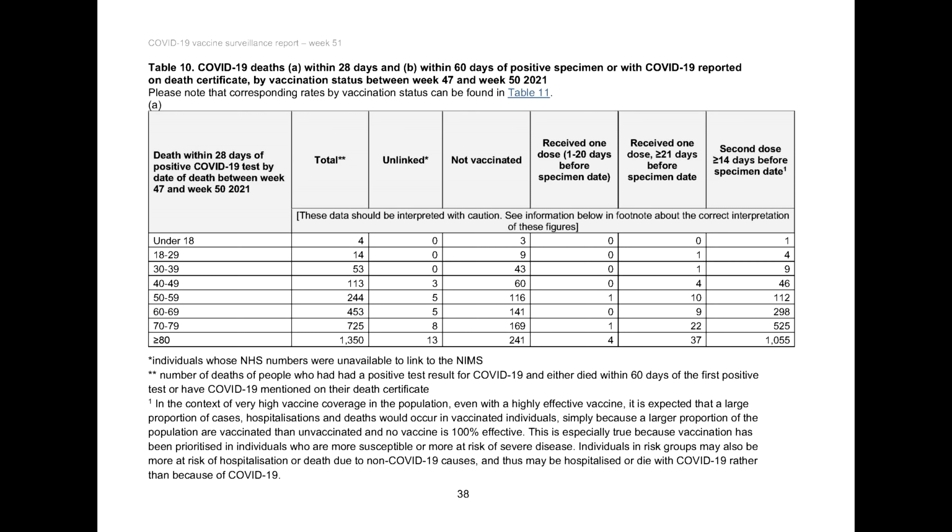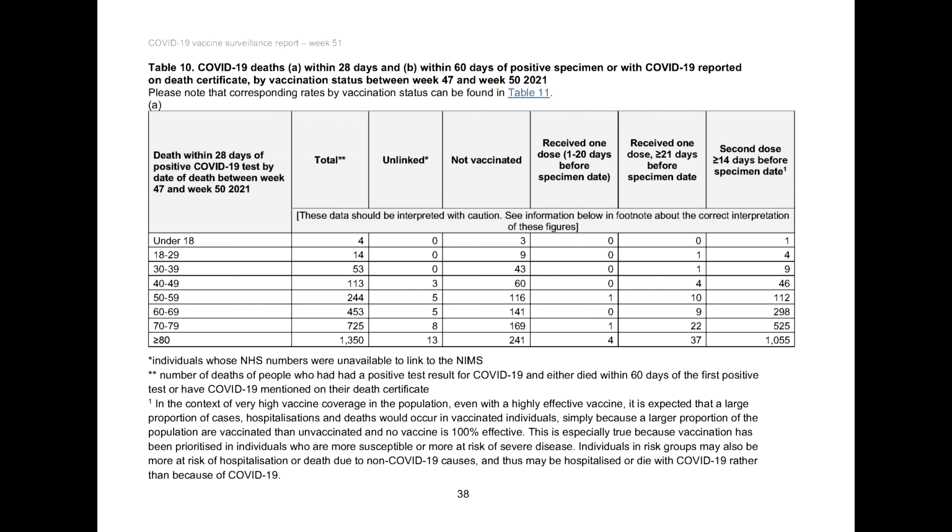So yeah, the rest of these figures: 50 to 59, non-vaccinated 116, 112 second dose. If you add the first dose, that's 122. 60 to 69, 141 non-vaccinated deaths, 298 second dose deaths. So there's more. 70 to 79, 169 non-vaccinated deaths, 525.